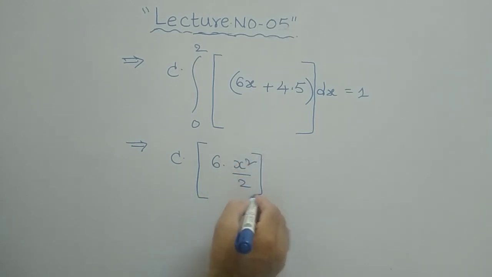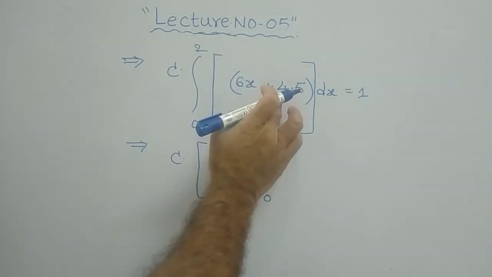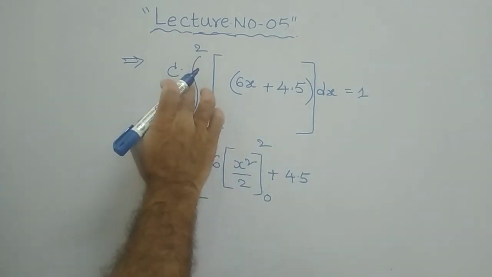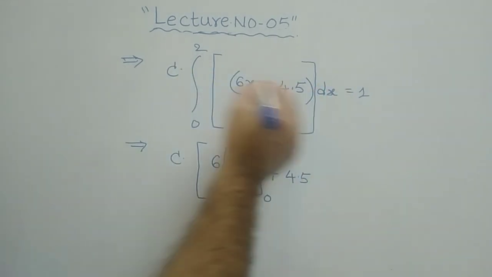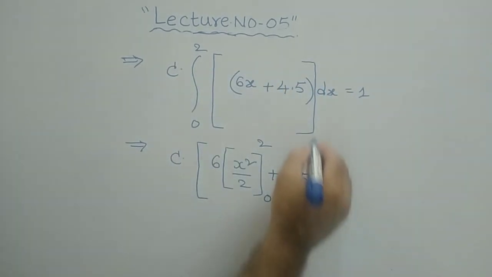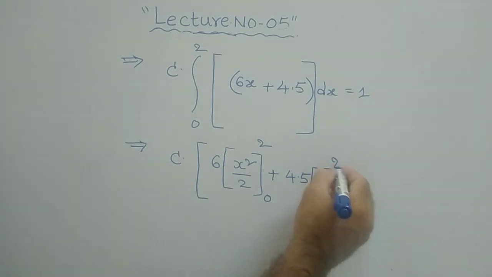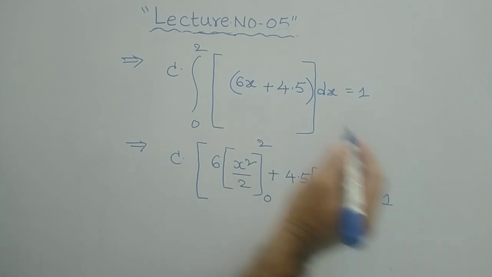Clear? So in this, substitute 0 to 2, lower limit to upper limit, plus integral of 4.5. 4.5 is a constant, take it outside, then integral of dx. Integral and derivative are opposite to each other, they will be cancelled out, you will have x only here. So again in x place you substitute 0 to 2. That's it. Is equal to 1.